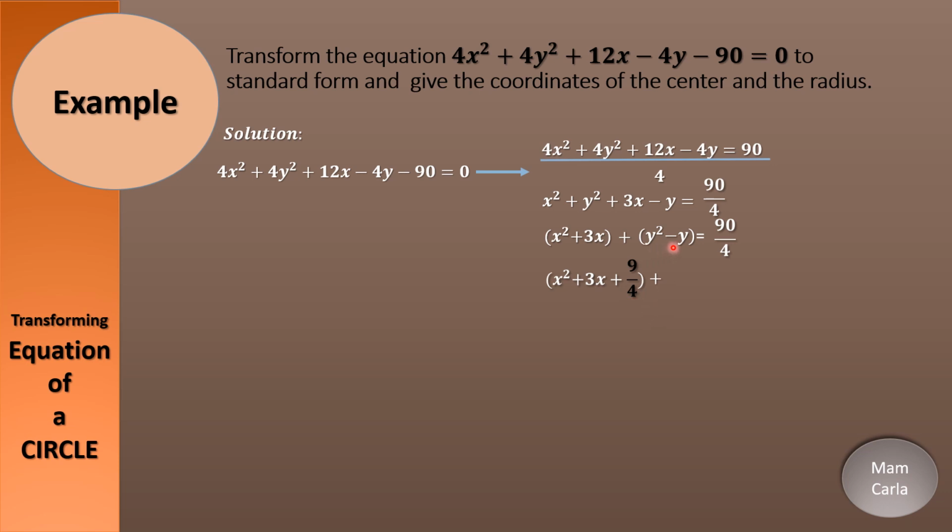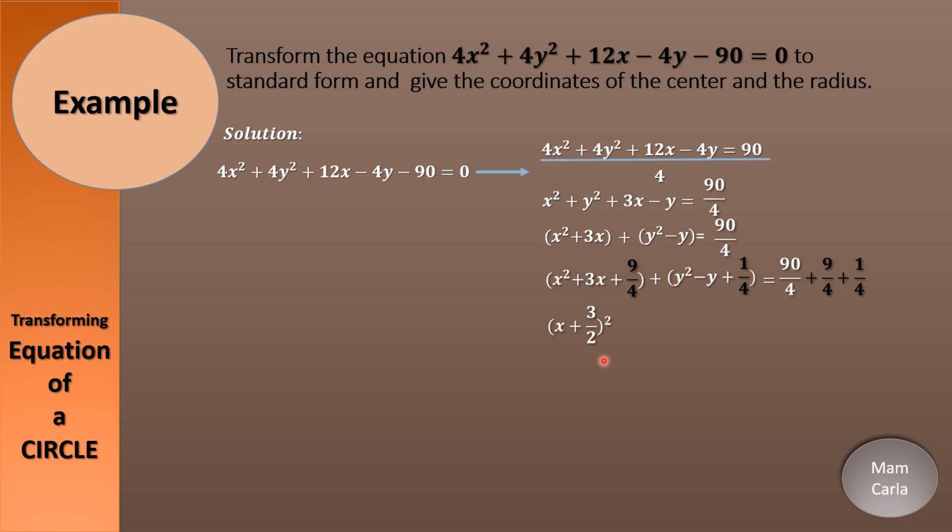Plus, since we have here negative 1, we divide by 2, which is negative 1 half, raised to the second power is 1/4. So it means that we have quantity y squared minus y plus 1/4 equals, so whatever we have added to the left side will also be added to the right side. That's why we have 90 over 4 plus 9 over 4 plus 1/4. And then we have to make this a square of binomial form.